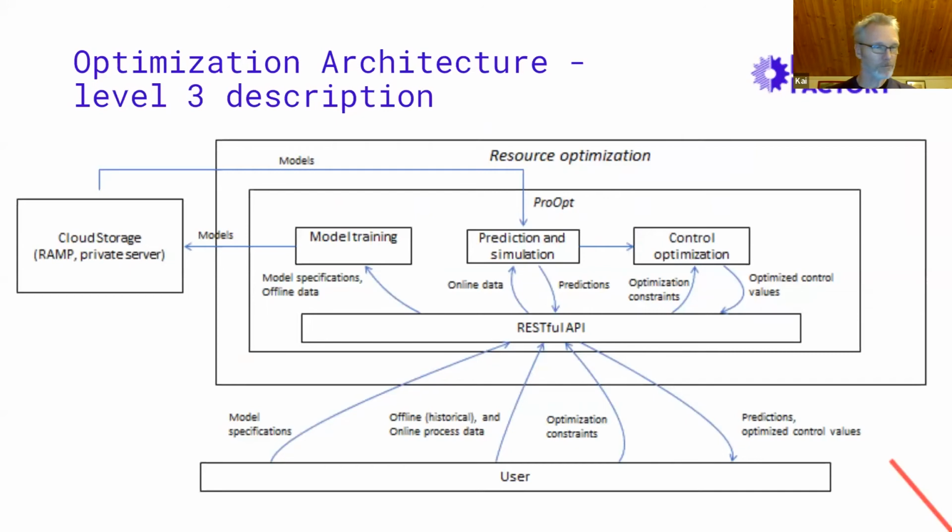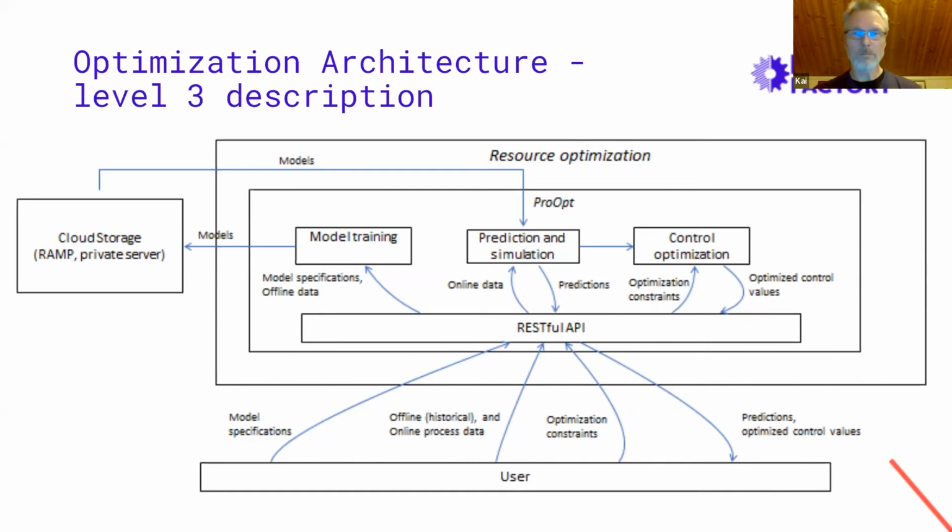So this slide describes the architecture diagram of the process optimization service provided by Top Data Science. We call it ProOpt. ProOpt has three main functional modules that implement three main functions and communicate with the end-user application through a RESTful API.